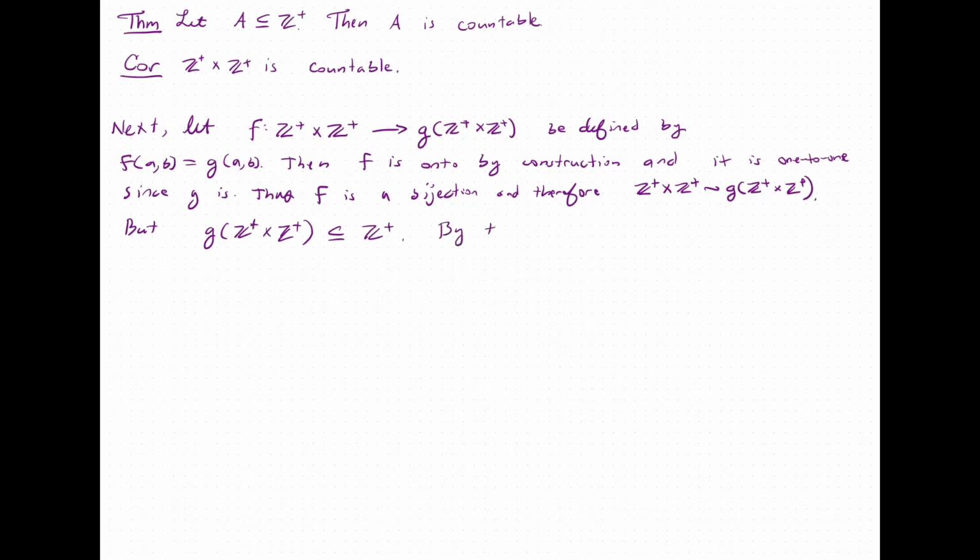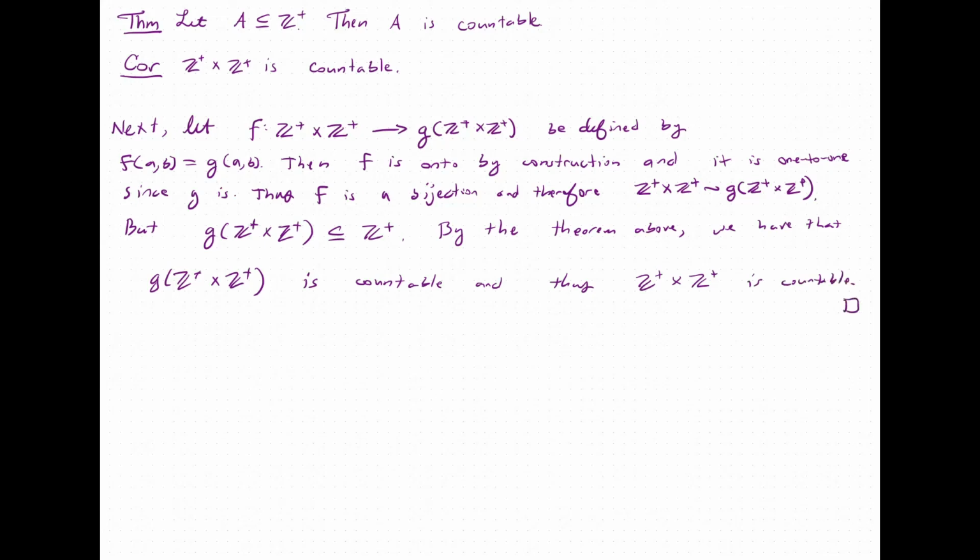By the theorem above we have that g of positive integers, Cartesian product with itself, is countable, and thus, oops, not A. Positive integers with itself, Cartesian product is countable.